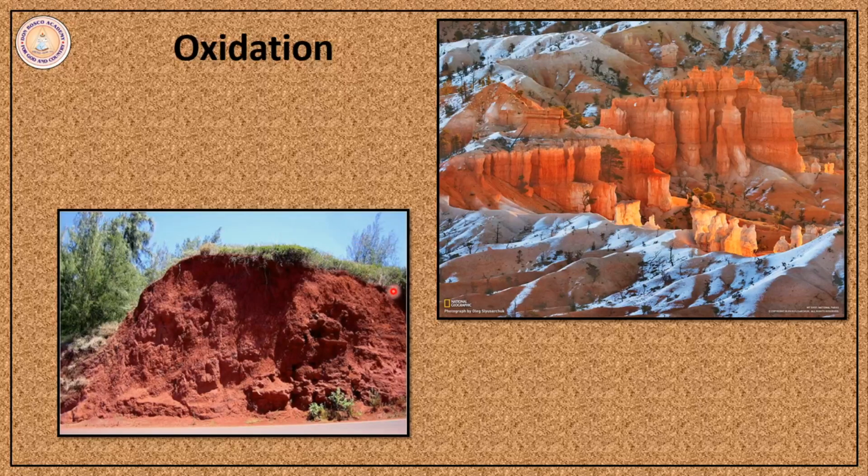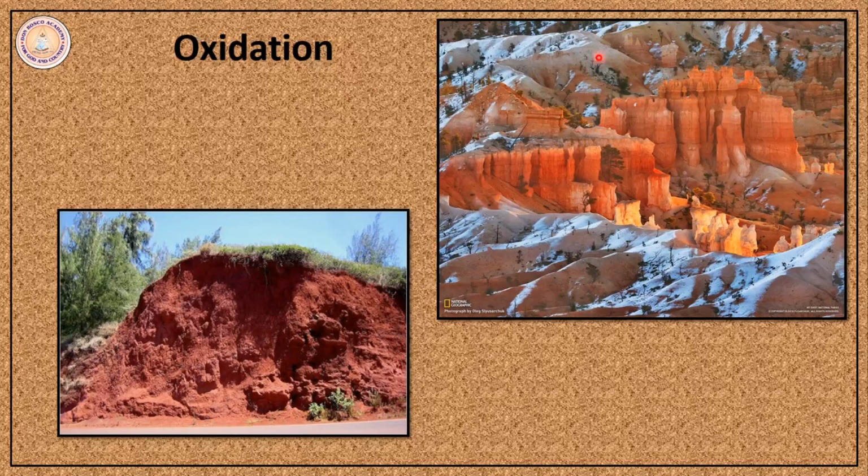So moisture or water charged with a lot of oxygen falls in these areas containing rocks, and chemical compounds get formed which get easily eroded and the rocks become weak.